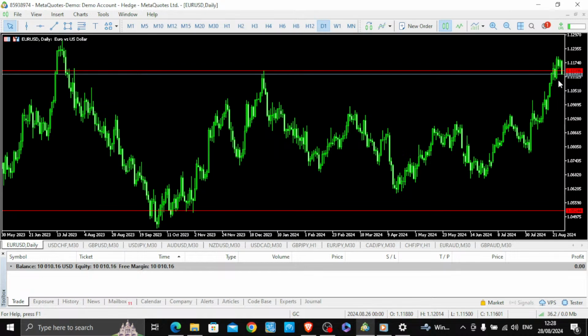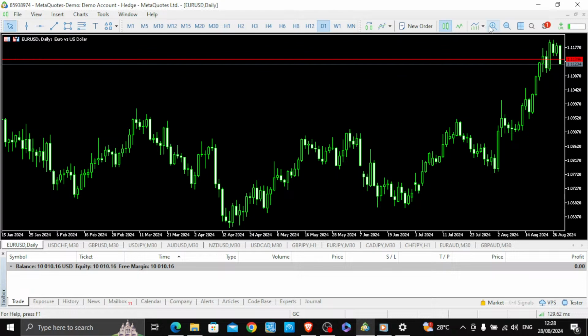So as long as it has taken out this recent swing, we now look for only opportunities to buy based on our daily chart.